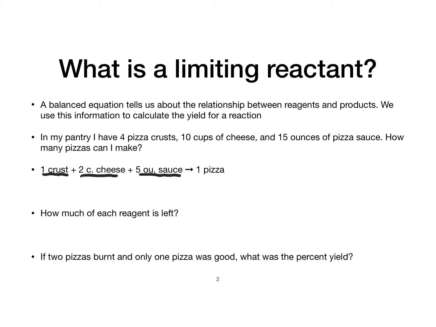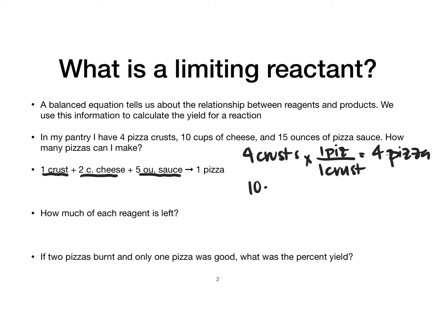So we know, based on each of these items, that for the 4 crusts, if we create a relationship of 1 crust to 1 pizza, you can make 4 pizzas. Well, let's think about cheese.